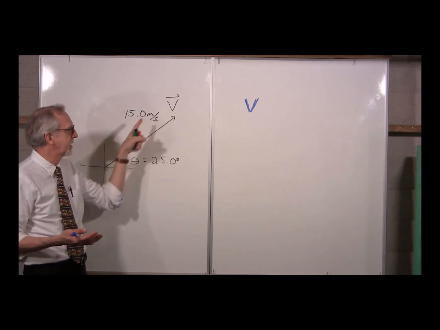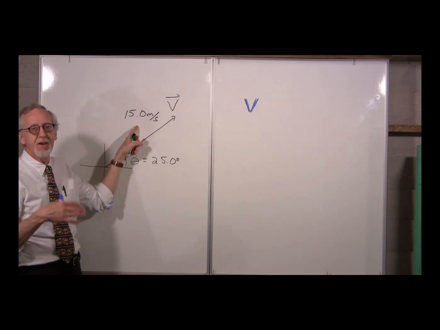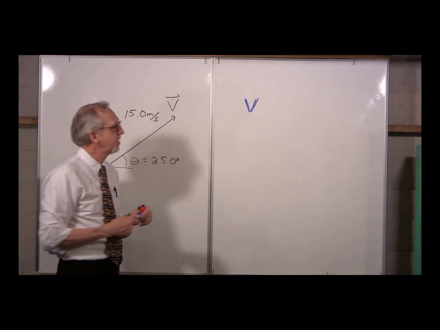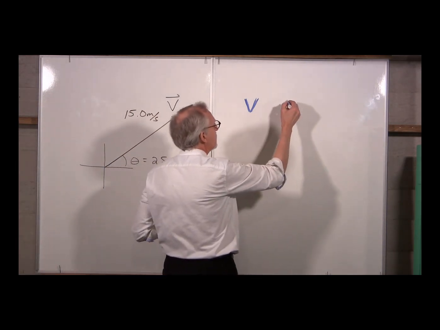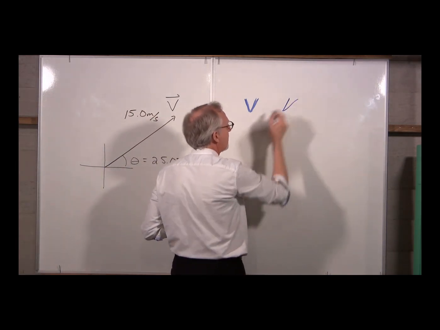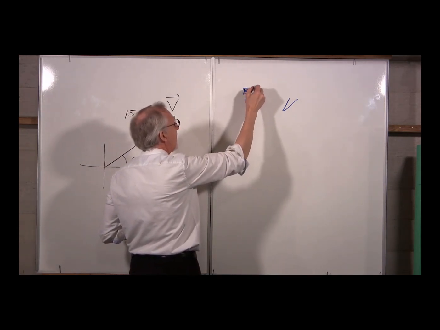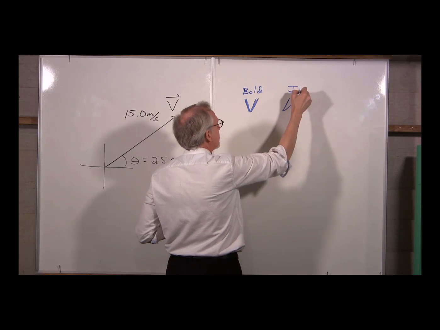The vector has direction, but the magnitude of the vector does not have direction. So if you want to talk about the magnitude of the vector, the textbook will often write it in italics. So we've got bold for vectors and italics for scalars.